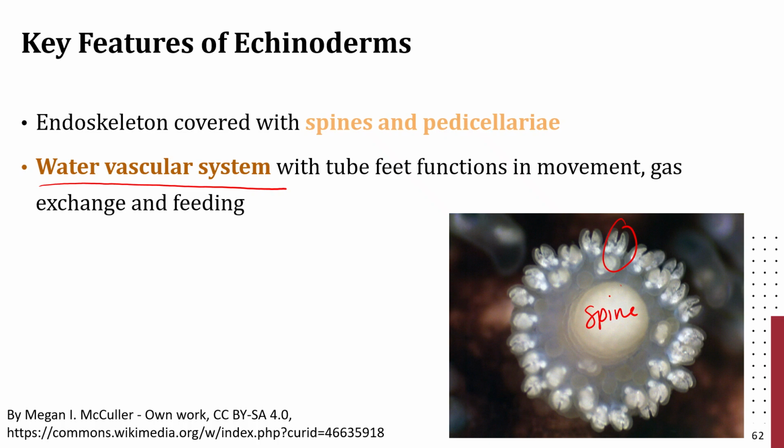So they use this to move slowly around their environment. If you've ever picked up a sea star, on the bottom you might see those little tentacle-like structures. Those are actually the tube feet that are moving by this water vascular change of pressure mechanism.